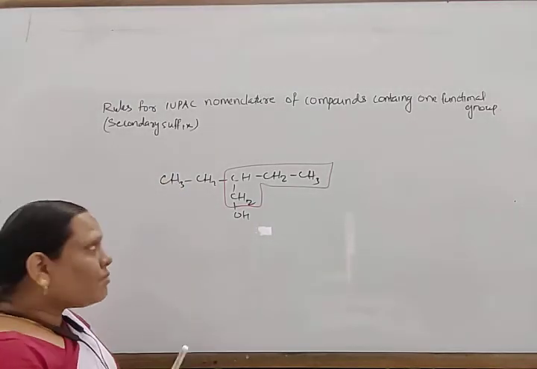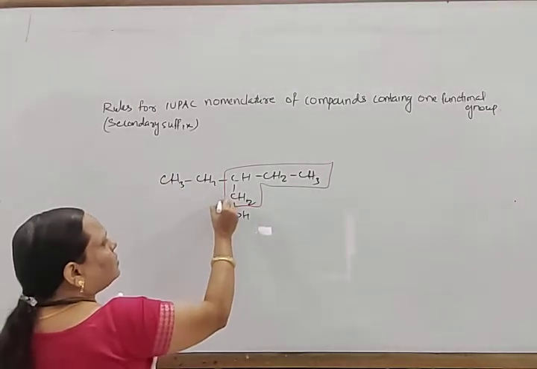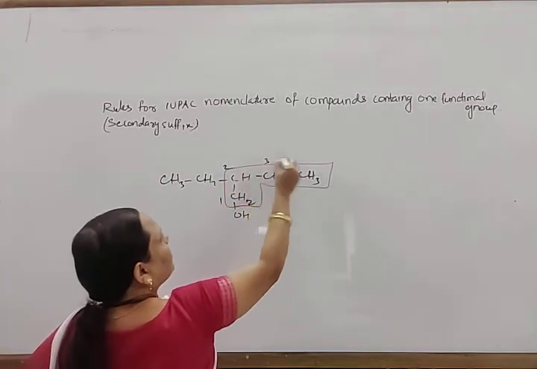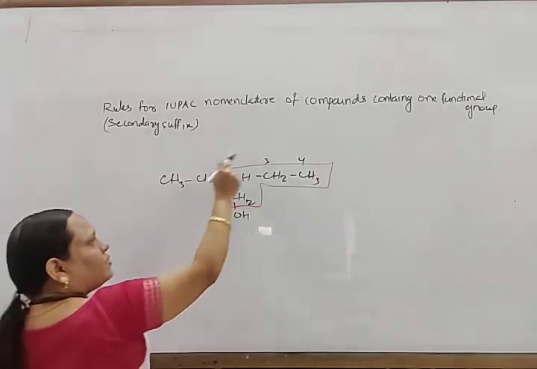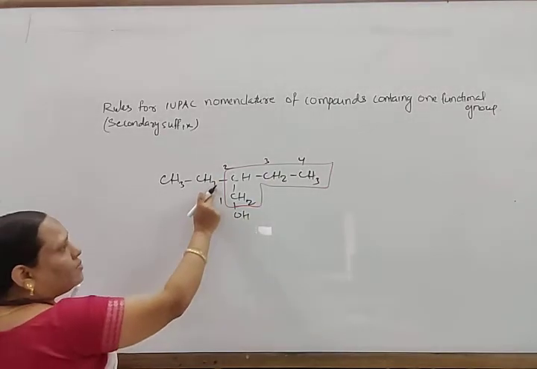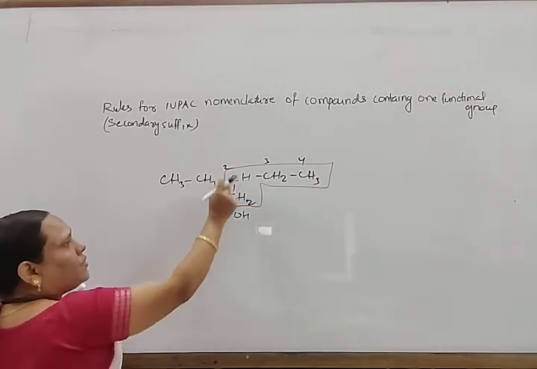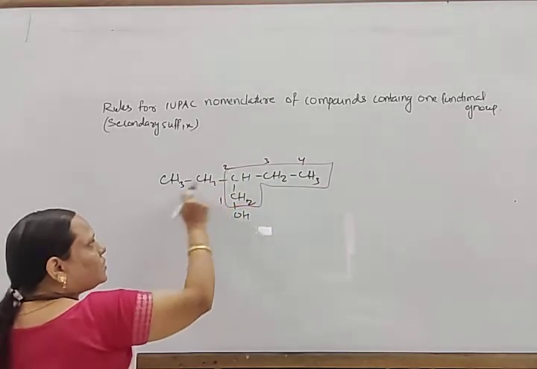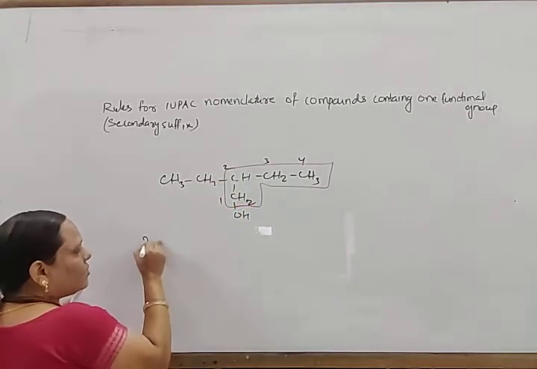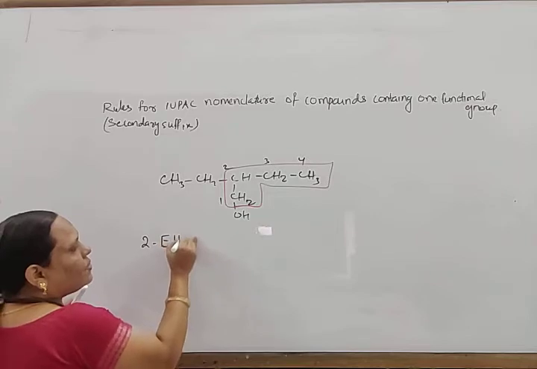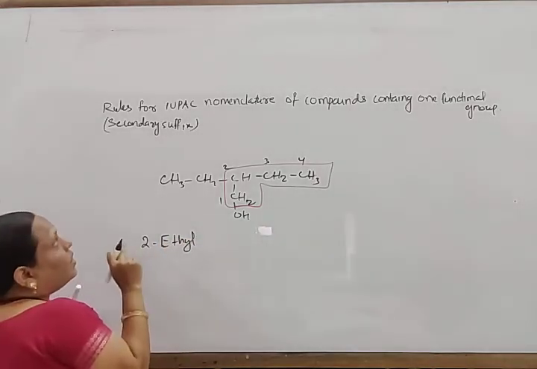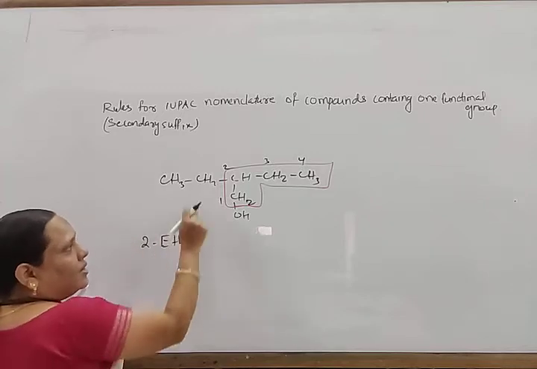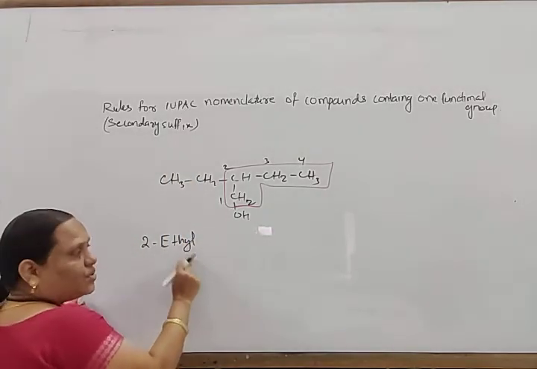So what is the name of this compound? First count 1, 2, 3, 4. With practice, there is no need to write these numbers. At the two position, ethyl is there, so you write 2-ethyl. Two is the position of the prefix, and ethyl is the prefix substituent.